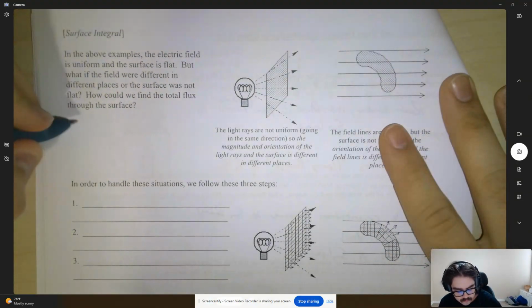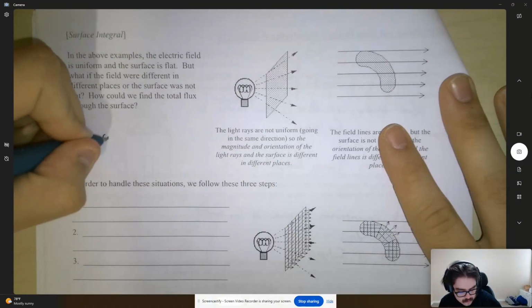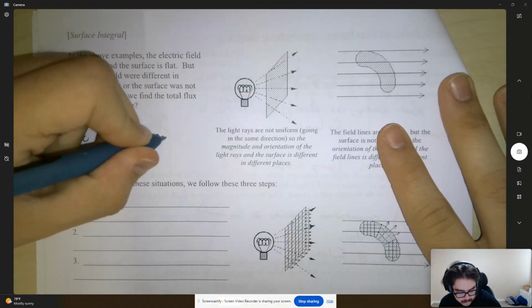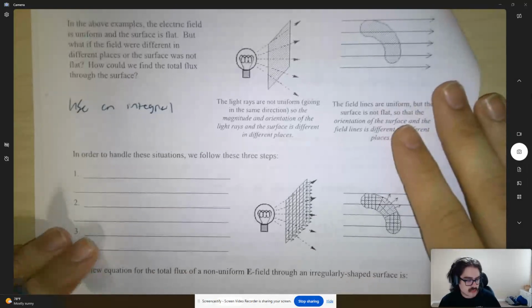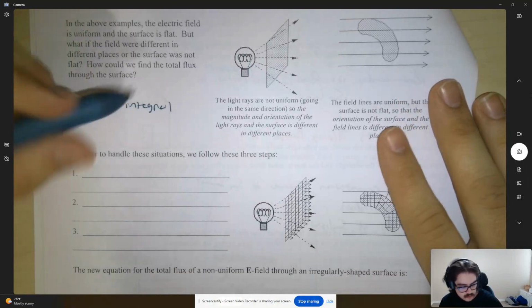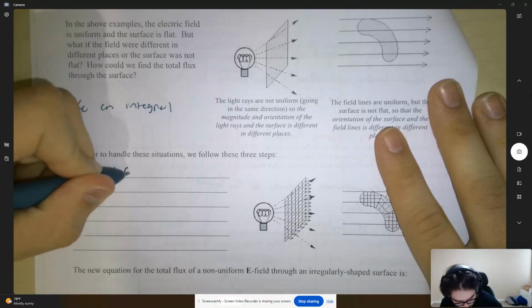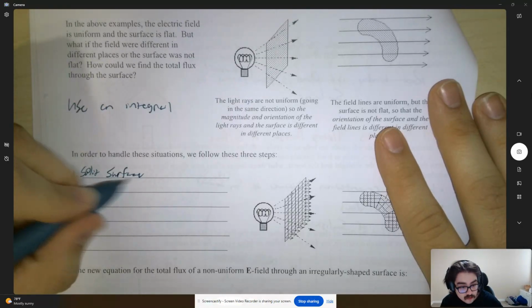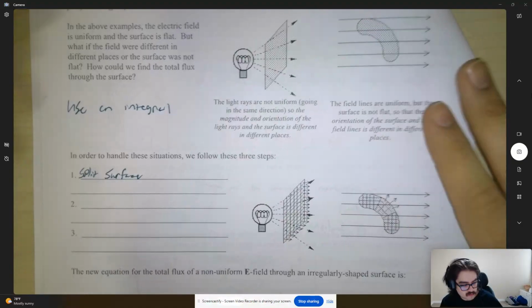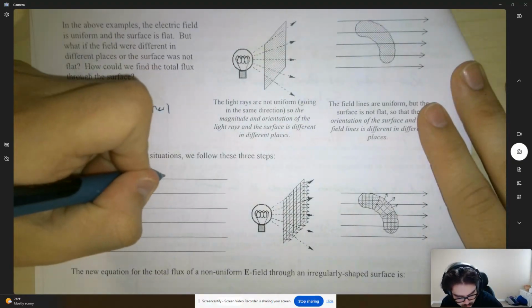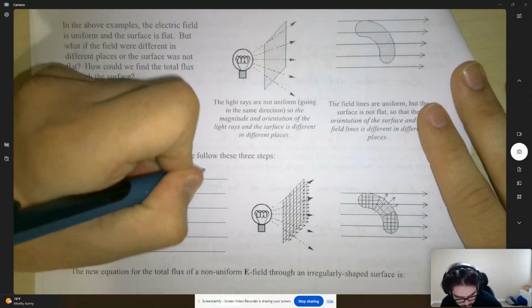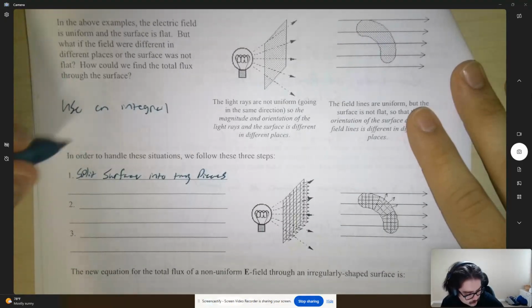The way that we can find the total flux is to use an integral. As you can imagine, there are 3 steps, and they're the same steps that we always use. Split the surface, and this is very important: we're not splitting the whole shape, just the surface, into tiny pieces dA.